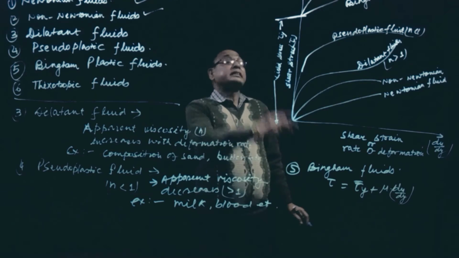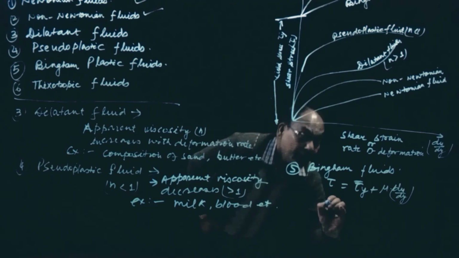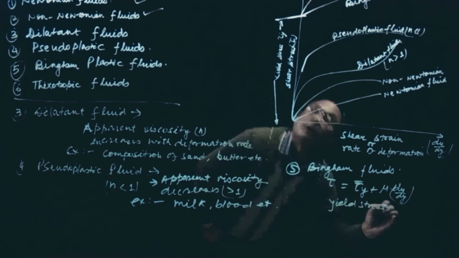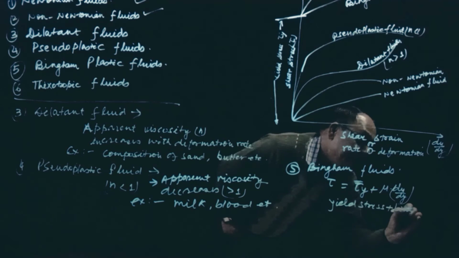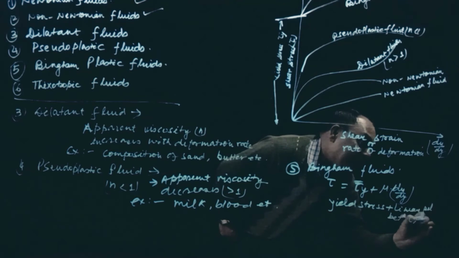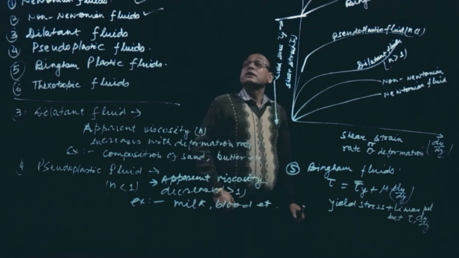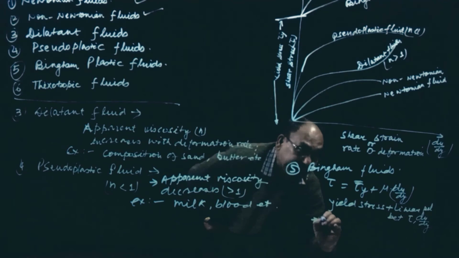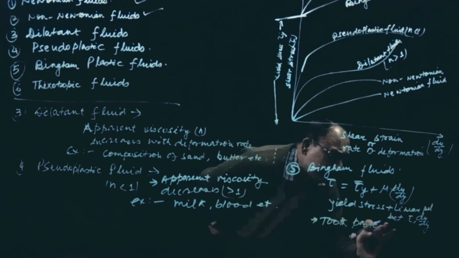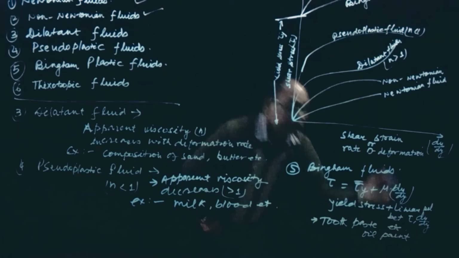So Bingham plastic fluids are those fluids which have yield stress plus a linear relation between shear stress and du by dy. That type of fluid is called Bingham fluids, and examples we can take are toothpaste, some gels, or oil paint. So, this is Bingham fluids.